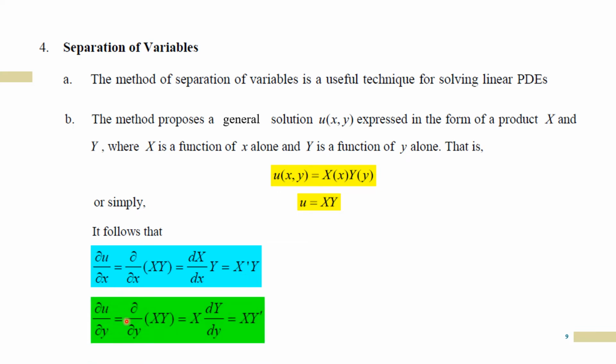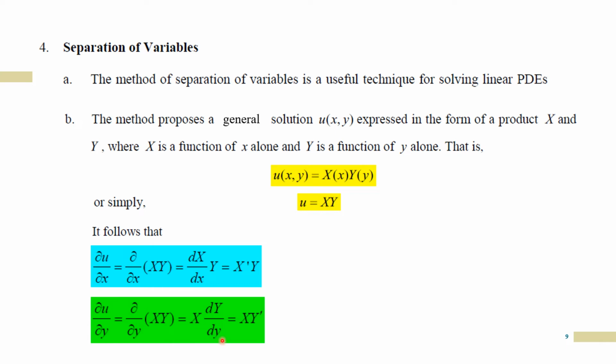For ∂u/∂y, it is the same as ∂(XY)/∂y. Now here, X is a function of x alone, therefore X is considered as a constant. Since Y is a function of y alone and we are differentiating Y with respect to y, ∂Y becomes dY.